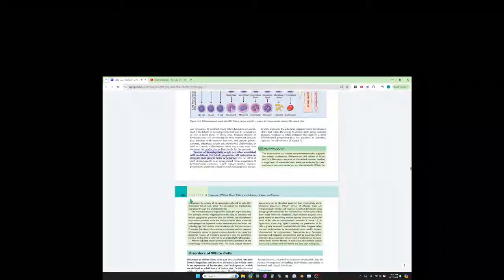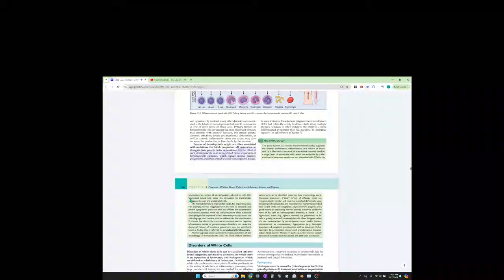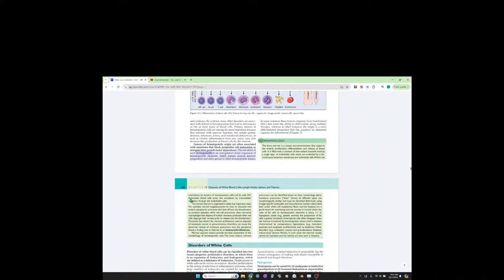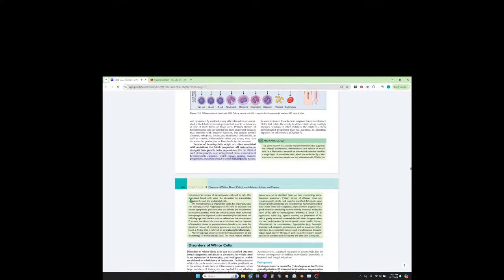Tumors of hematopoietic origin are often associated with mutations that block progenitor cell maturation or abrogate their growth factor dependence. The net effect of such derangements is an unregulated clonal expansion of hematopoietic elements, which replace normal marrow progenitors and often spread to other hematopoietic tissues.